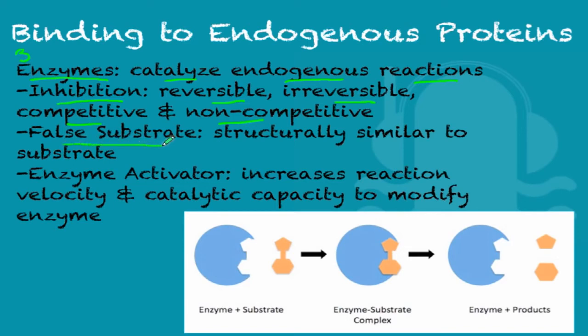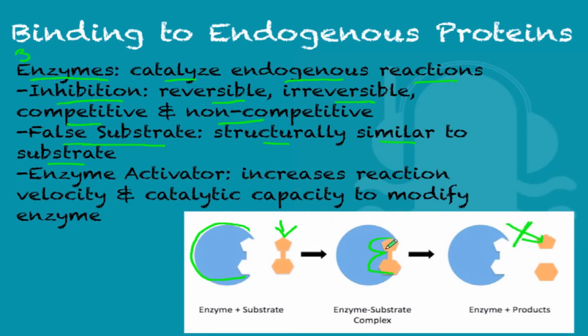False substrates, which are structurally similar to the substrate. So what happens is, for example, if this was not the real substrate, which would catalyze a reaction by binding to this enzyme, because it's the same shape, it would bind here, but then it would not be released here.